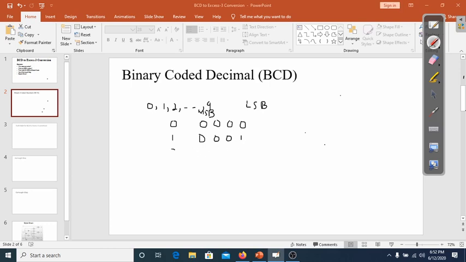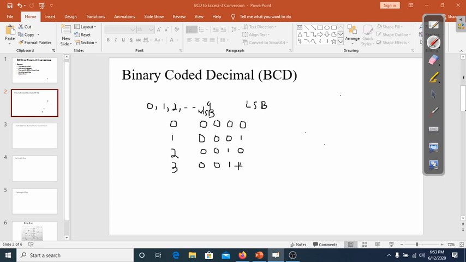For 2 we have 0, 0, 1, 0. So this is 2 raised to power 0, this is 2 raised to power 1, this is 2 raised to power 2, and this is 2 raised to power 3. Then for 3 this is 0, 0, 1, 1. If I want to convert these binary numbers to a decimal number, I know that this one's power is 2 raised to power 0, which is 1, and this is equal to 2.